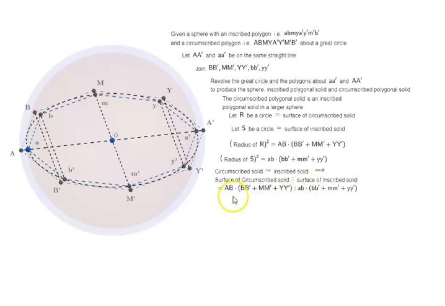So that means AB times BB' plus MM' plus YY' is to ab times bb' plus mm' plus yy'.